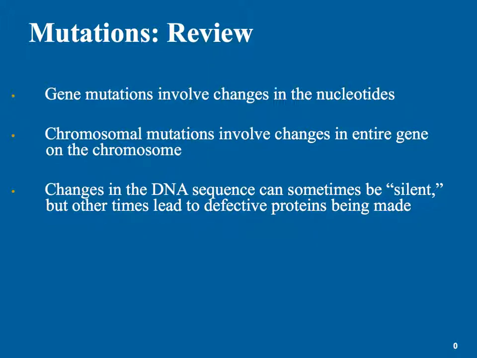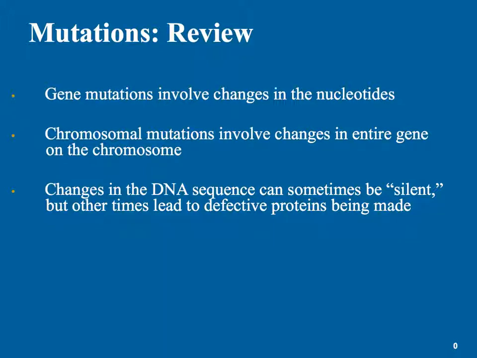So again, some mutations can be silent, meaning that there was a change, but it didn't change the outcome. The amino acid that was needed is still coded for. So we call those a silent mutation.